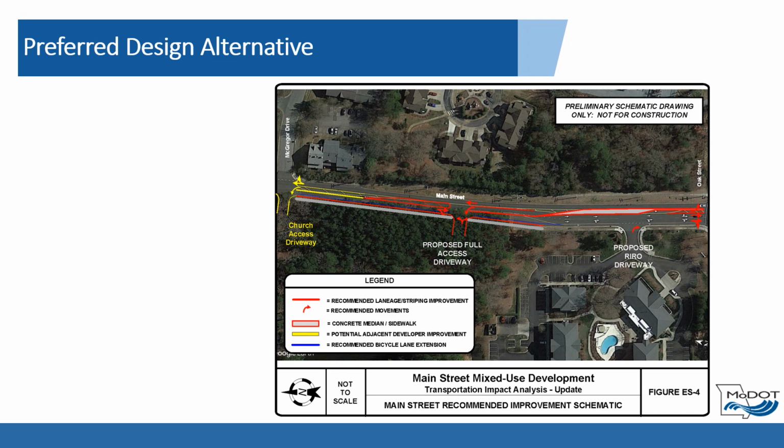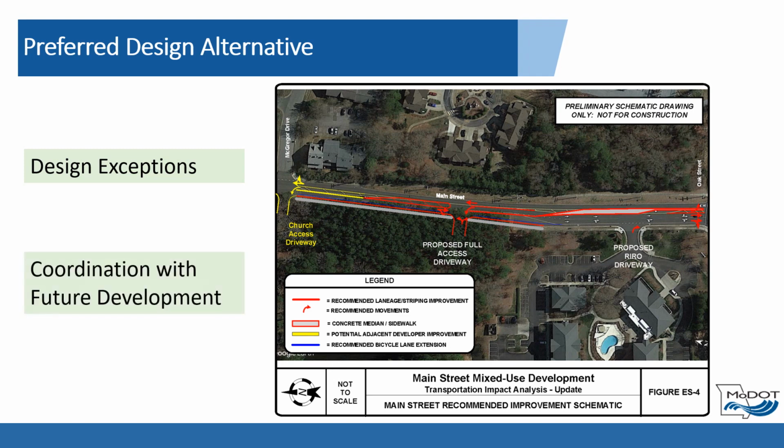Subsections include design exceptions. This subsection identifies any known or likely design exceptions associated with the preferred alternative. Consider appending any completed design exception documentation. An additional subsection is coordination with future development.